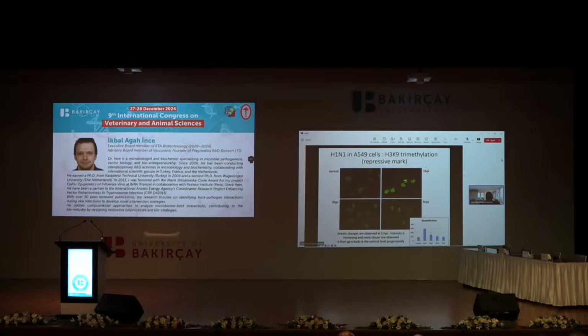So these green patterns are the special signals for H3K9 methylation. This image we quantified using high resolution microscopy, and on the right down in the presentation, you can see 1 hour after infection, we see quite high methylation.